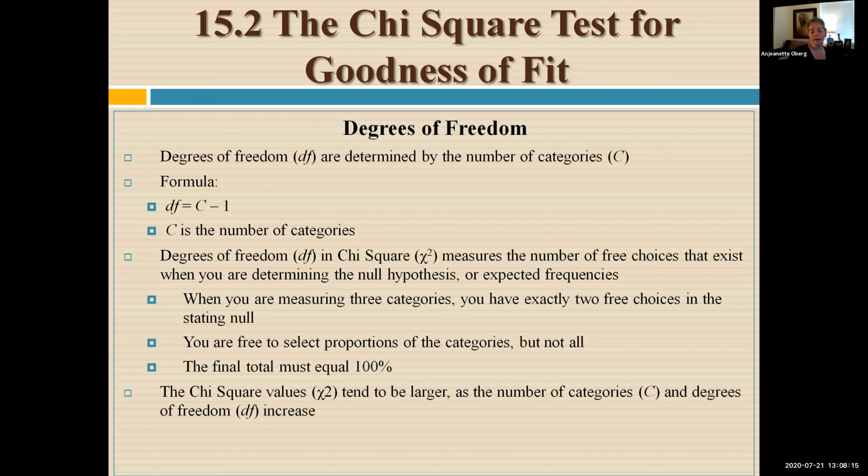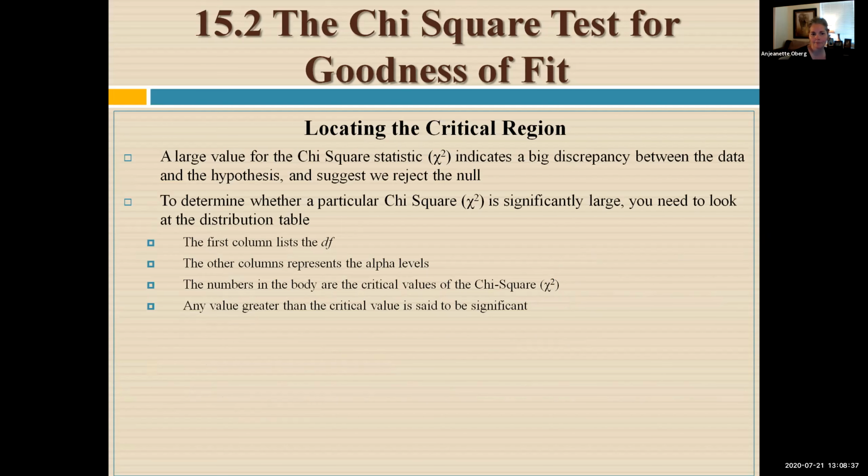Since you're measuring 3 categories, once two of them are known, the last is fixed, right? Of course, the final expected proportions should all equal 100%. And again, chi-squares tend to be larger if you have more categories and more degrees of freedom.